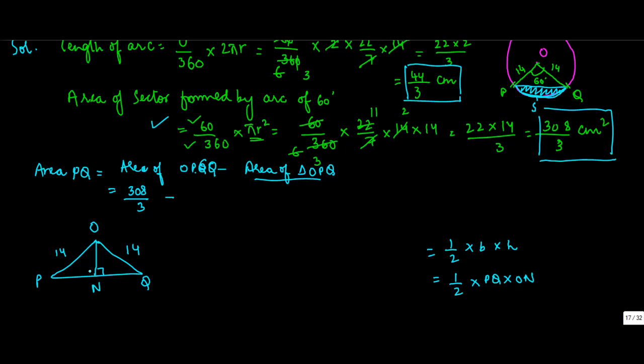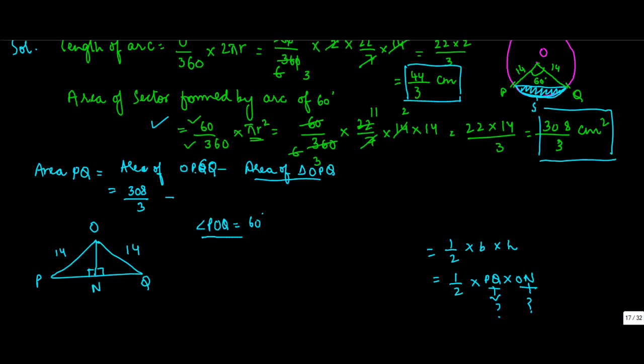Now a perpendicular is going to have a 90 degree over here. So in this triangle, we don't know what is PQ, we don't know what is ON. But what we know is that angle POQ is equal to 60 degree.